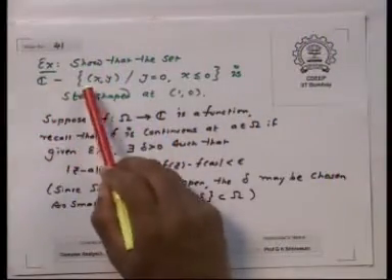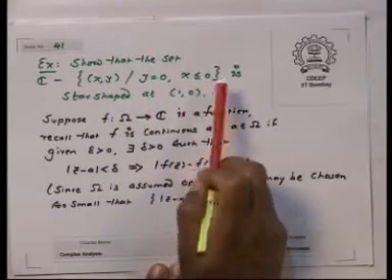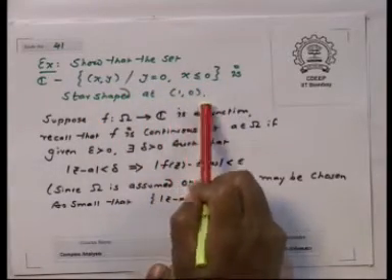The next exercise asks you to show that the set of complex numbers C minus {(x,y) such that y equal to 0, x less than or equal to 0} is star shaped at (1, 0).